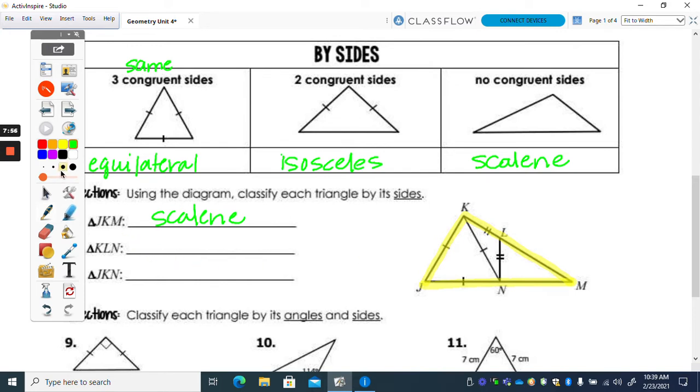If we look at triangle KLN, does it have any sides that are the same length? How many sides are the same length? 2. So if it has 2 congruent sides, then it is an isosceles triangle.